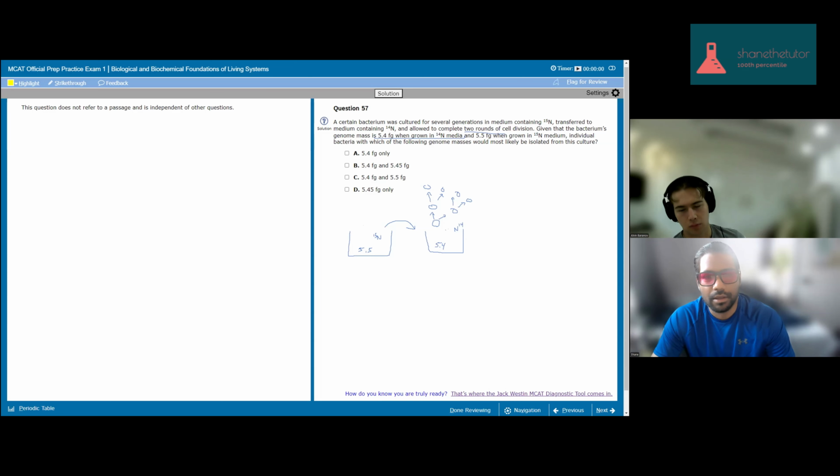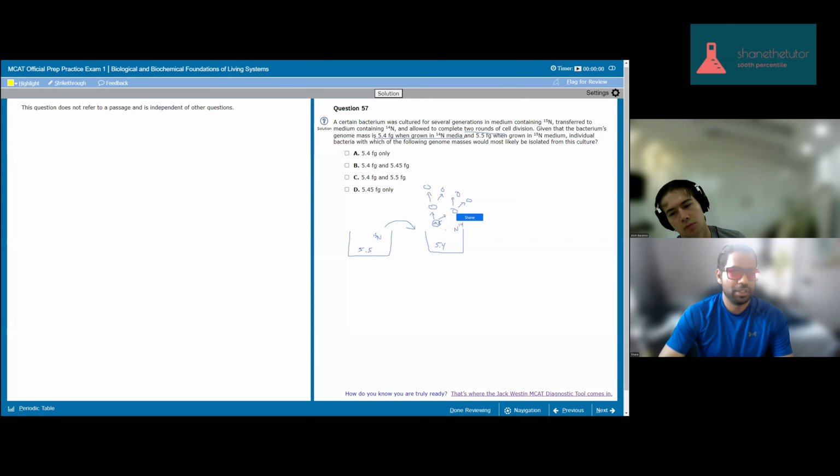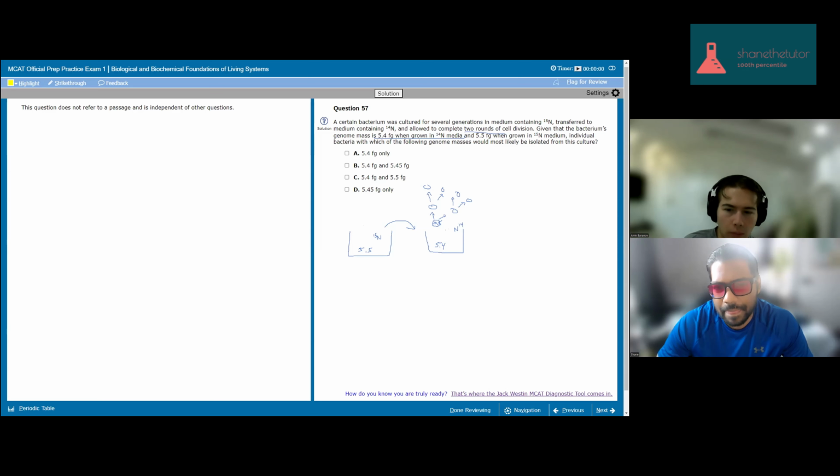So this first one would be completely 5.5, and then it'll undergo cell division. So essentially, this is just going to be a mix of the two, right? So is the whole point that when it goes through the first cell division, it's 5.45, and then the second cell division, it's 5.4? Is that what they're getting at?